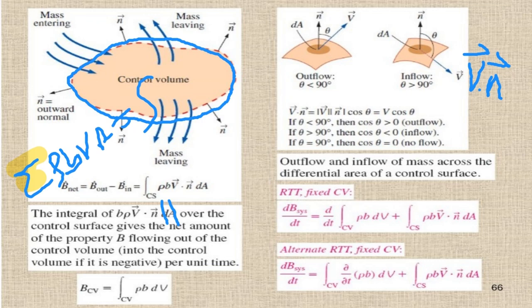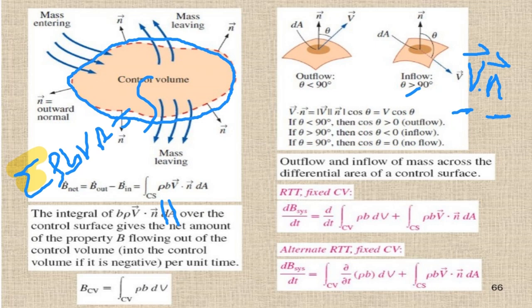Yeah, you find the component of V in the direction of normal, right? Because mathematically it will be V cosine theta. So V dot n is actually V cosine theta, which is actually the normal component of the velocity.